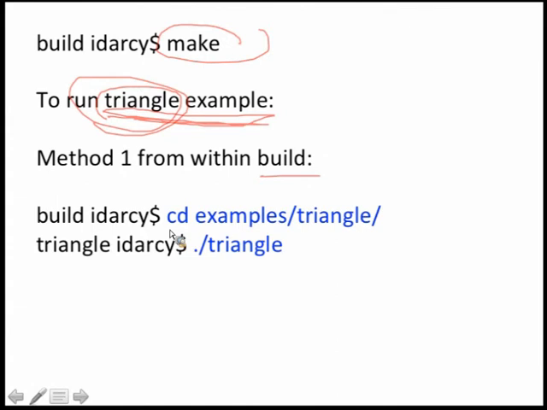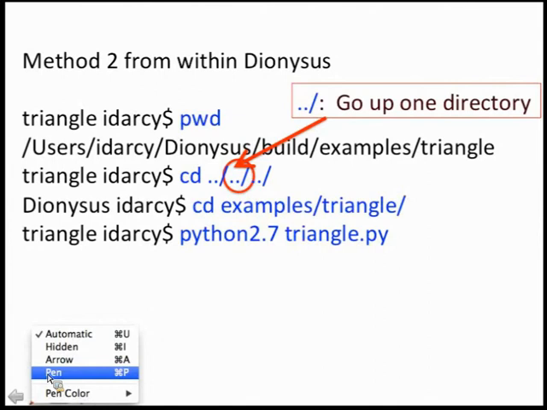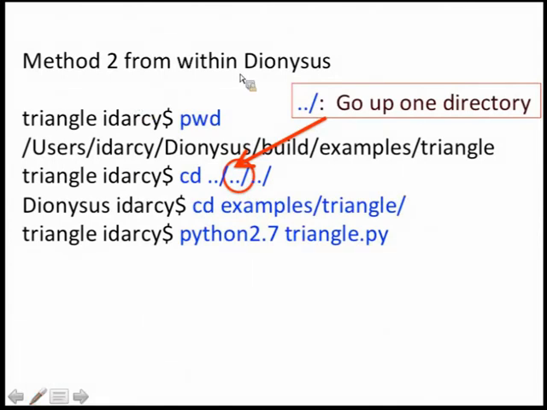So if I cd from the build directory into examples/triangle, there is an executable that you can run. However, I wanted to take a look at the code, so we are going to look at the triangle example, the Python code within Dionysus. So we'll look at the actual code.